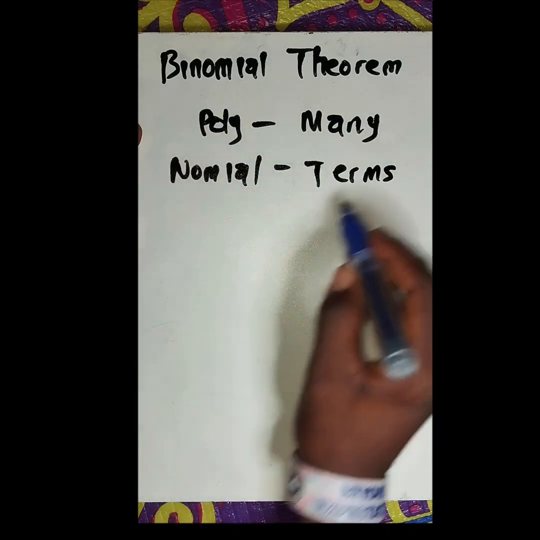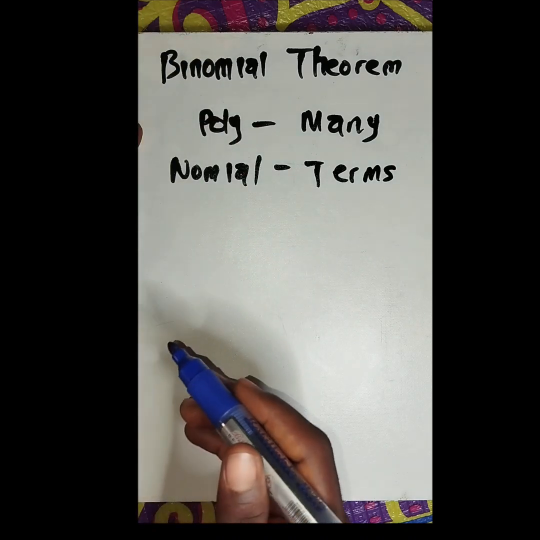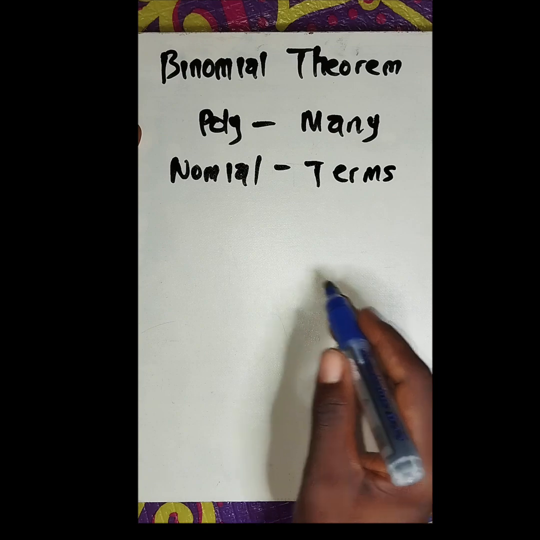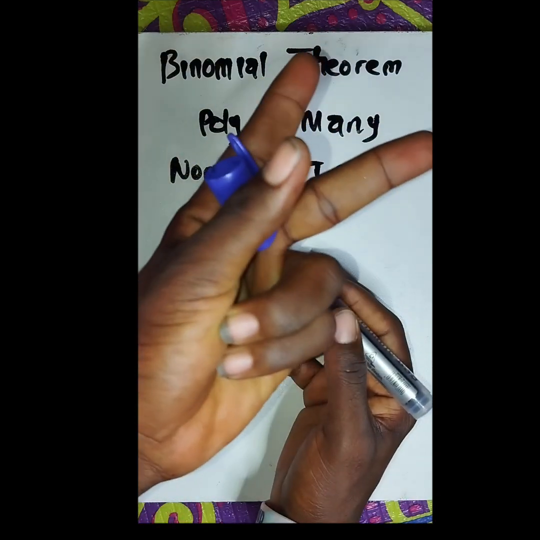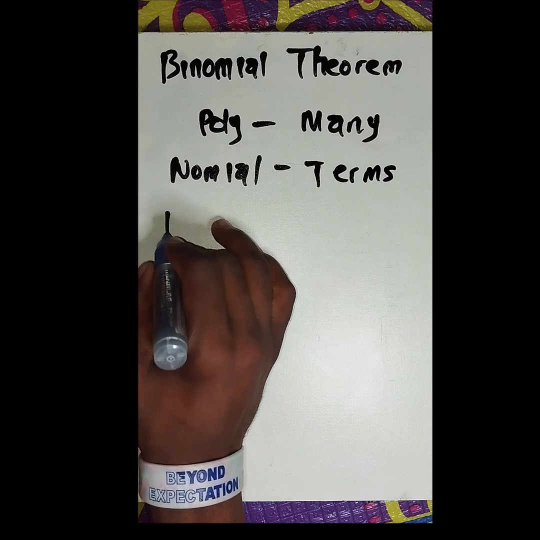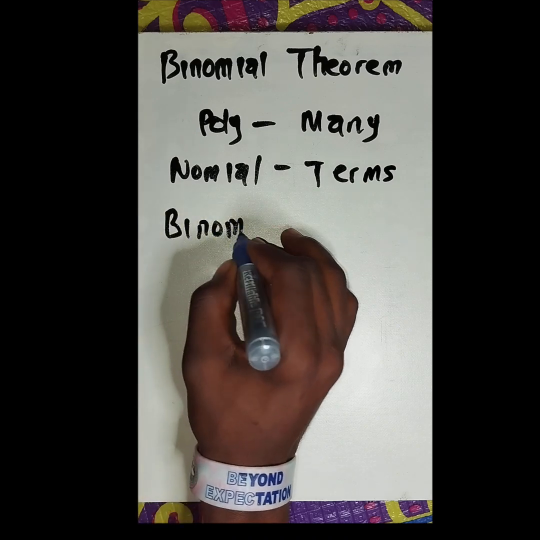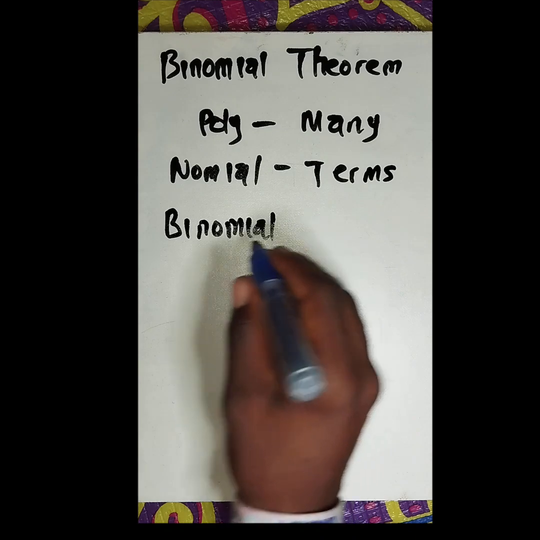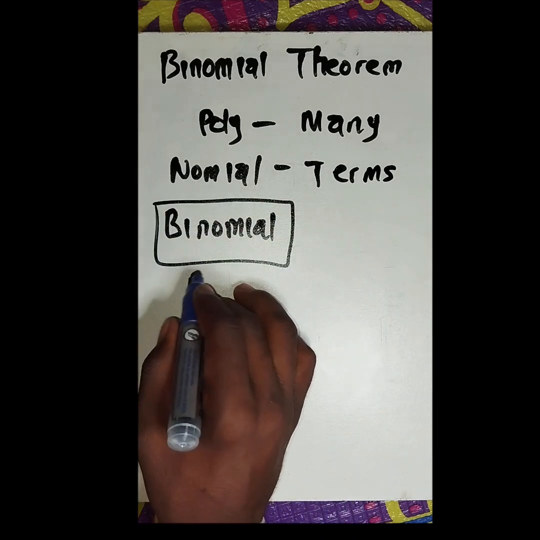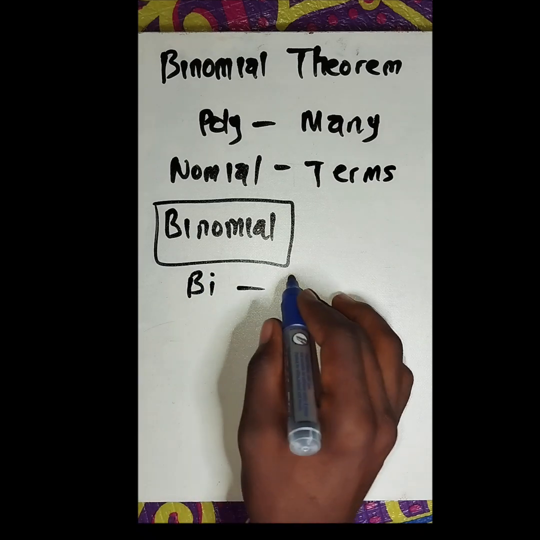So it is from polynomial we got binomial. Binomial is a type of polynomial with two terms. When I say two terms, binomial, also the word binomial is gotten from bi, which means two.